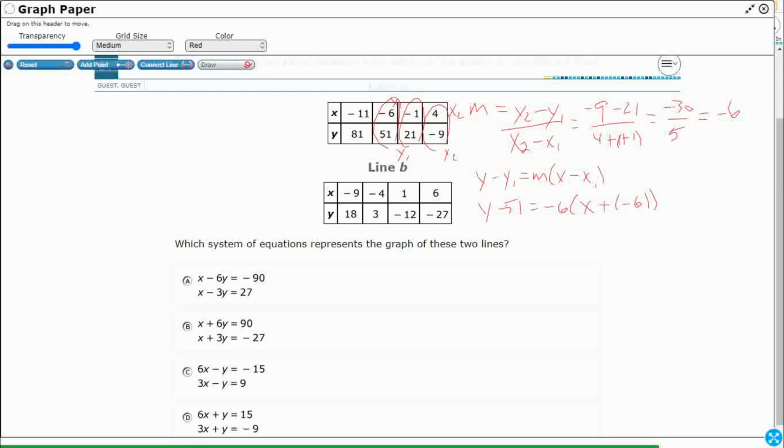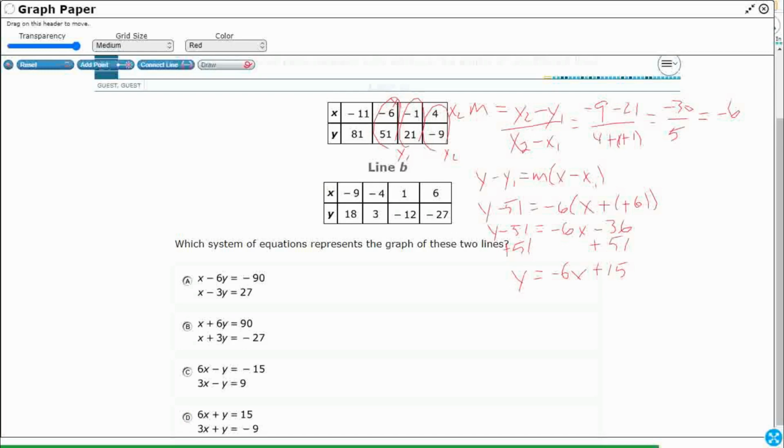All right, so we need to distribute this out. That's going to be negative 6x, and that's going to be times negative 6, so minus 36. So then we just need to add 51 to both sides, right? We're going to get y equals negative 6x plus, looks like we got 15.